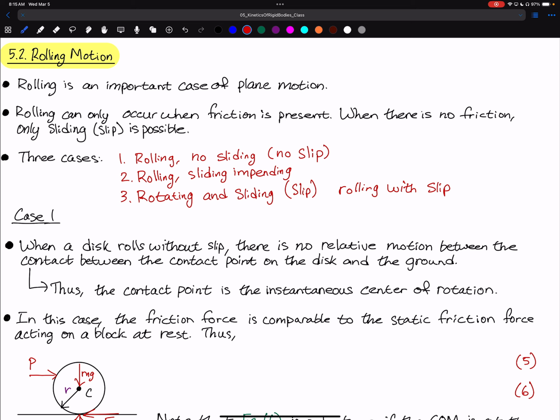Okay, we're going to go through all three cases. Case 1 is the most interesting, with case 3 being the second most interesting, and case 2 is really like a subcategory of case 1, where you know a little bit more about what's going on.